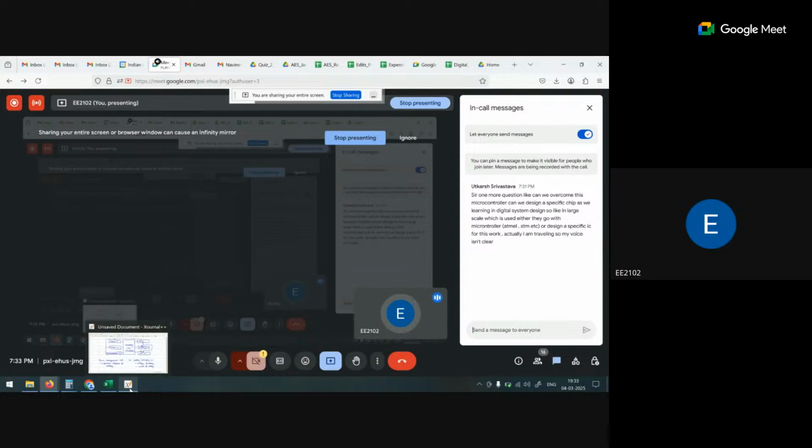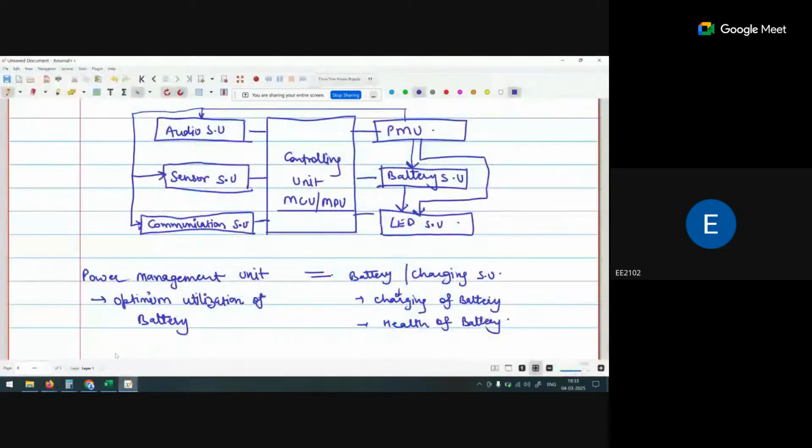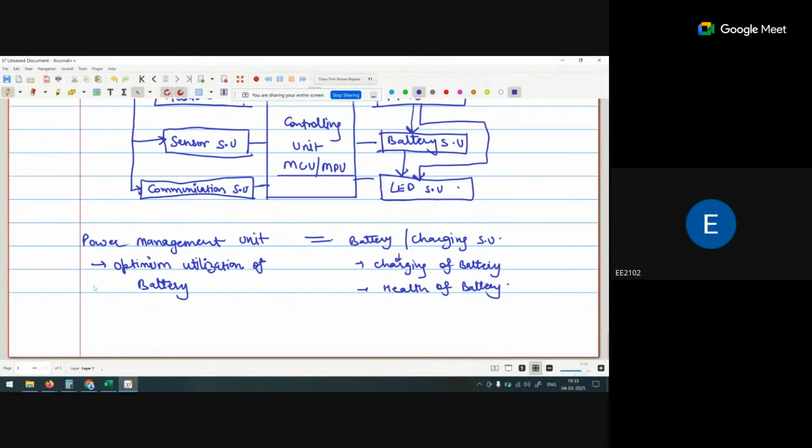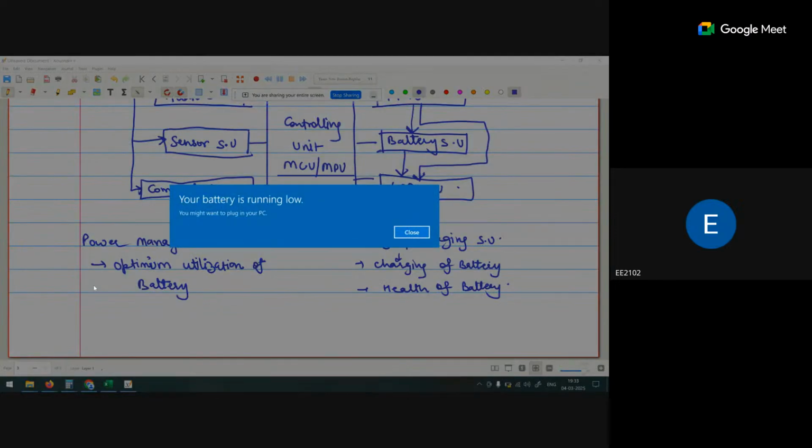But the problem is, for example, if I am the owner of a company and I design one optimum chip that manages all of this, without using a microcontroller, that chip will be used by me only. I cannot scale it.